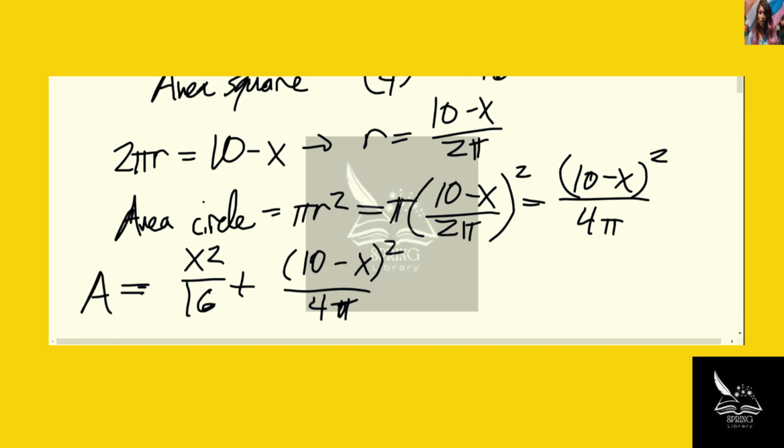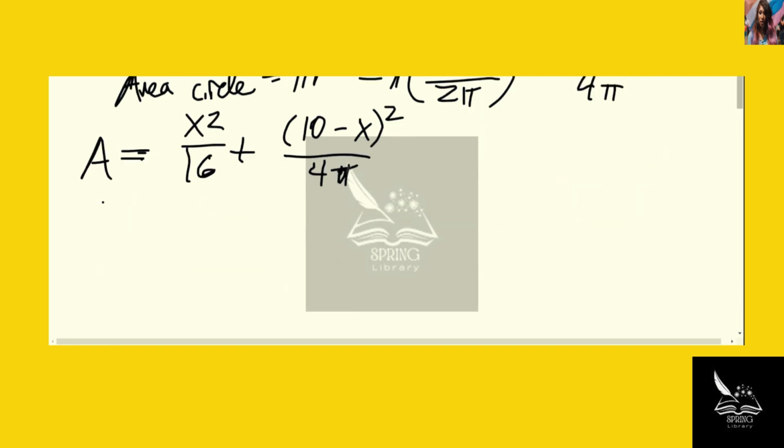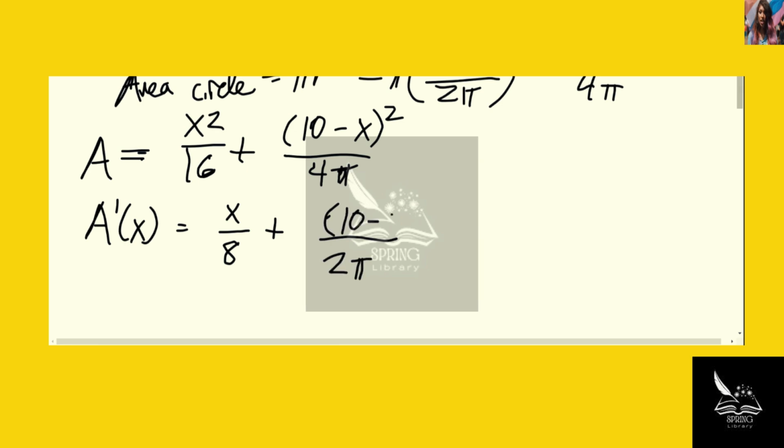Now we want to differentiate. So A prime of x is x over 8 plus 2 over 4 pi, which is 1 over 2 pi, times (10 minus x) times negative 1. We want to solve the equation A prime of x equals 0 for the critical points.